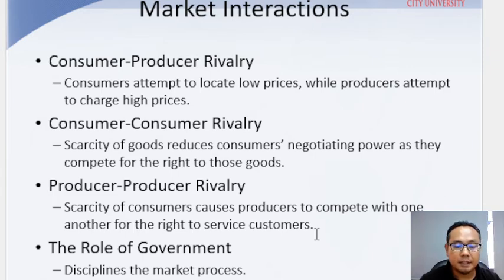Sometimes they will attempt to get the government's involvement in certain price limitations, and producers, of course, are looking for a higher price, maybe a price ceiling to be increased by the government. So that's the role of government in disciplining the market processes.